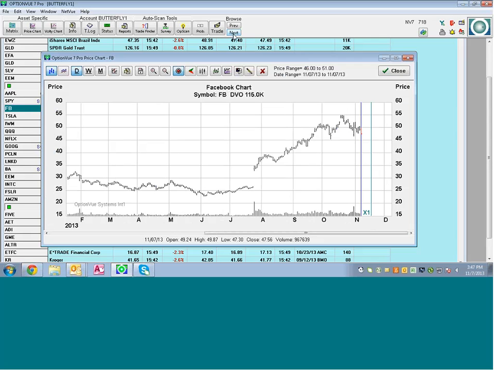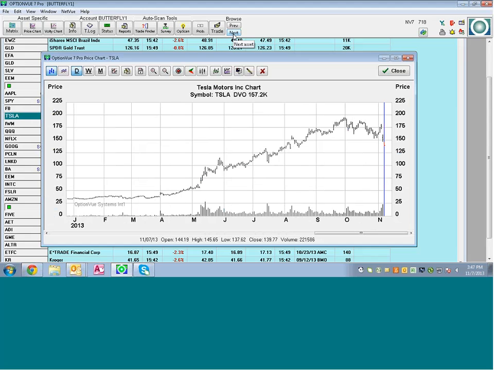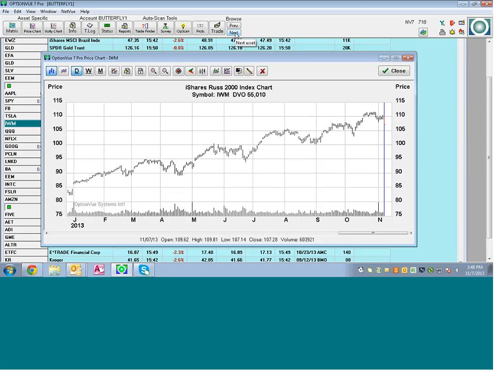You can scan through quickly and browse these different prospects. In Tesla, of course, we had some earnings this week and they weren't as good as expected, so we've seen a big drop from earlier in the week. We've got the iShares Russell 2000 Index.